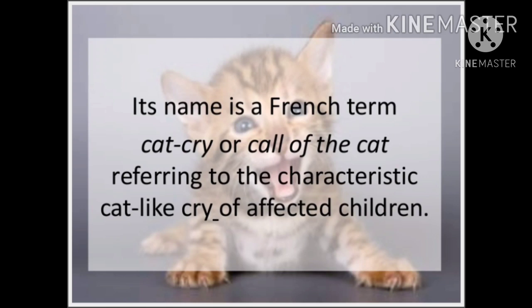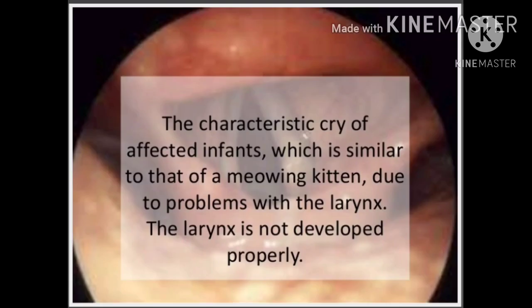Those children having this disease produce a meow-like sound. Then why do those children produce the characteristic cat-like cry? It is due to a problem within the larynx. That is, the larynx is not properly developed in those affected children.